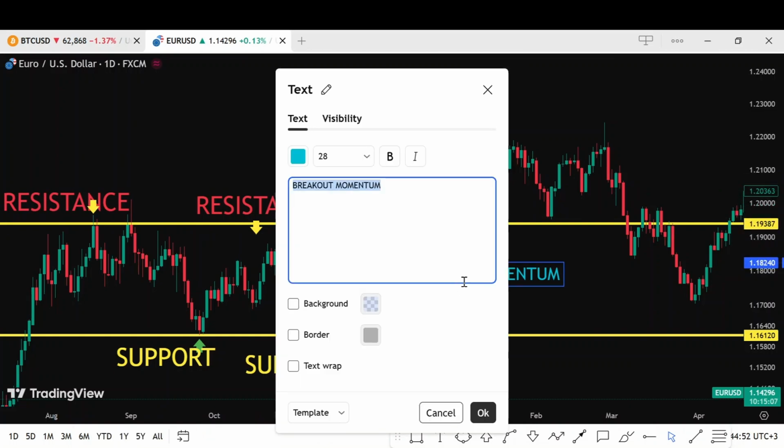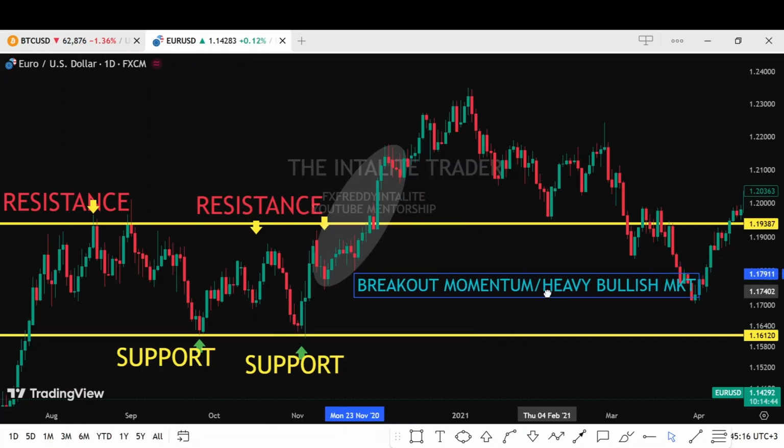So here we see price gave us a breakout momentum. So meaning we are in a heavy bullish momentum or heavy bullish market. So we are in a heavy bullish market.